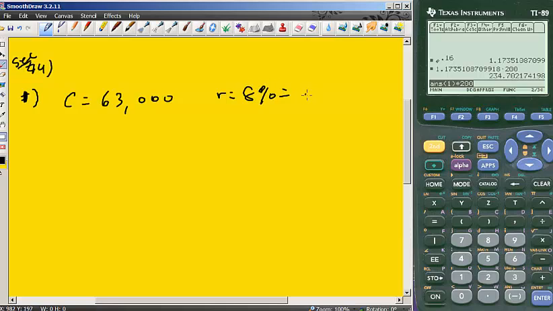We'll convert that to 0.08, which is the same thing as 8%. How much will the condominium be worth in 5 years? So we want to know how much it will be worth when t is equal to 5. We can still use the Pert formula. Amount is equal to, let's go ahead and call that principal, $63,000.